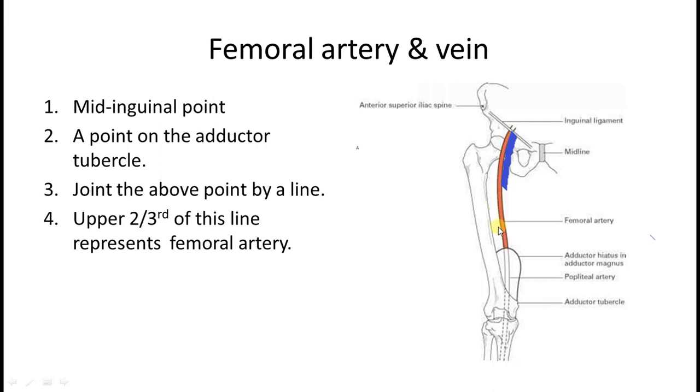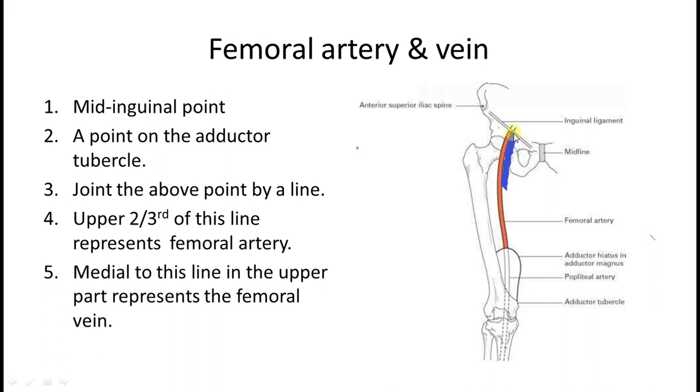And then you should again mark it on the lateral side, in the lower part of the femoral artery. So you divide the femoral artery into 3 parts: in the upper 1/3 you put the marking medially, middle 1/3 behind, and lower 1/3 laterally. That will give the surface marking of the femoral vein.